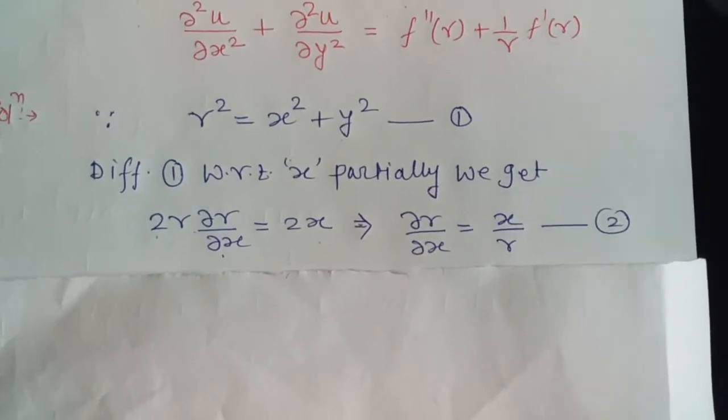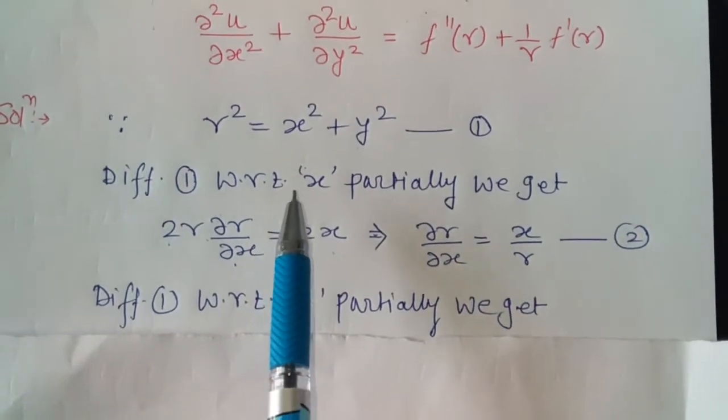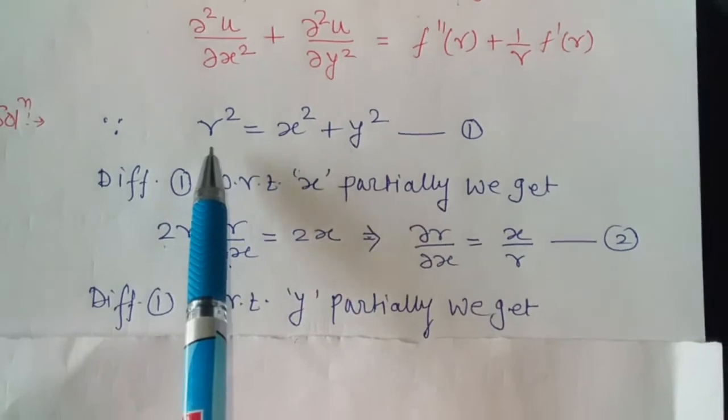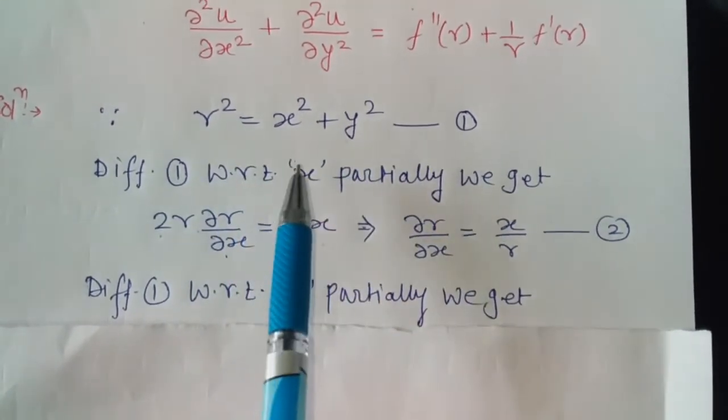Similarly, we differentiate the first equation with respect to y partially. So r is the dependent variable, so r gets differentiated with respect to x and y both.